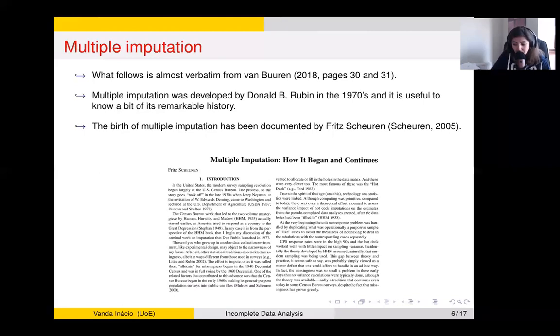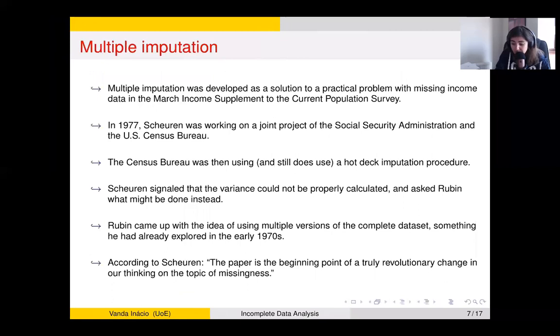And it's interesting because it tells us what the underlying problem was that prompted the development of multiple imputation. Basically, multiple imputation was developed as a solution to a practical problem with missing income data in the March income supplement to the Current Population Survey.